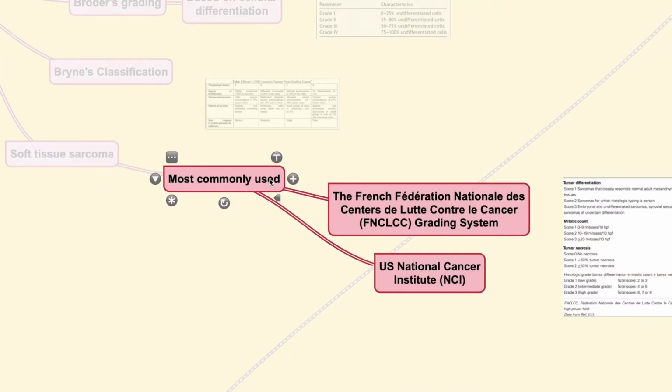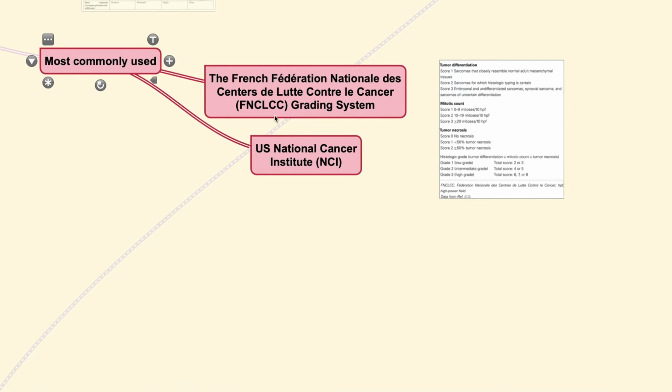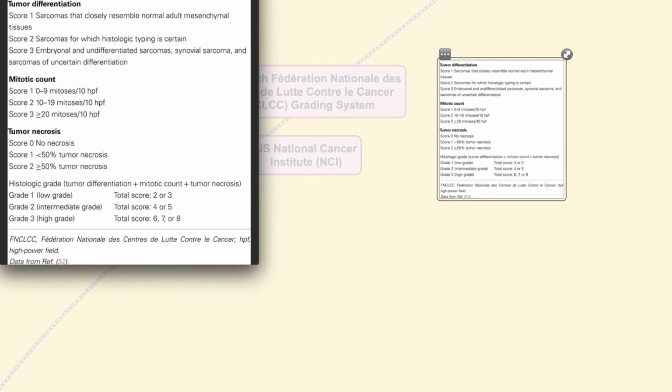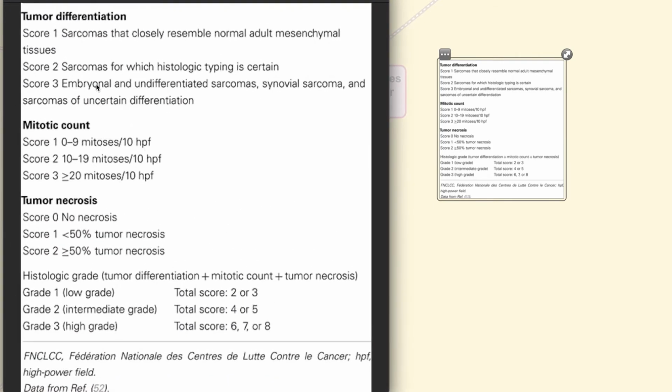For sarcoma, the most commonly used one is the FNCLCC grading system. The FNCLCC grading system grades the tumor once again using a numeric score based on three factors: tumor differentiation, mitotic count, and tumor necrosis.